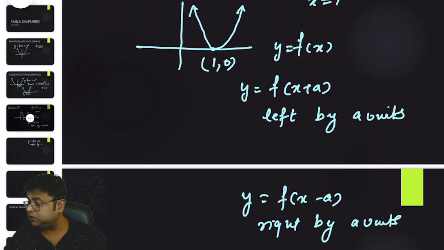There is no change in the shape of the graph. The only thing which happens is a horizontal movement towards the left or towards the right, depending on what is in the bracket, or what I am replacing x with. That is what it depends on, right? So this is called horizontal transformation.